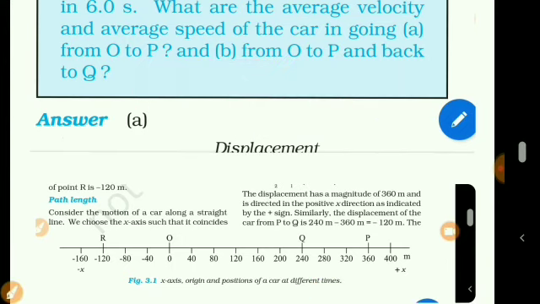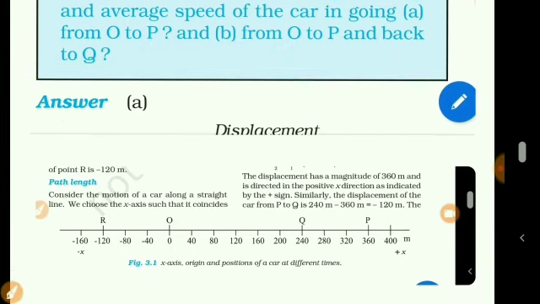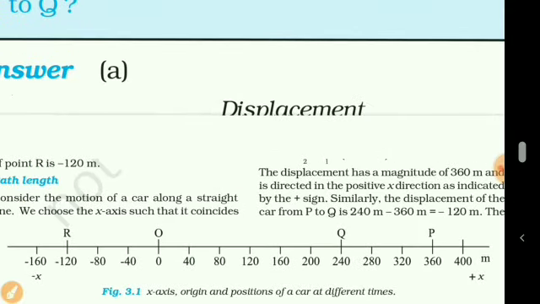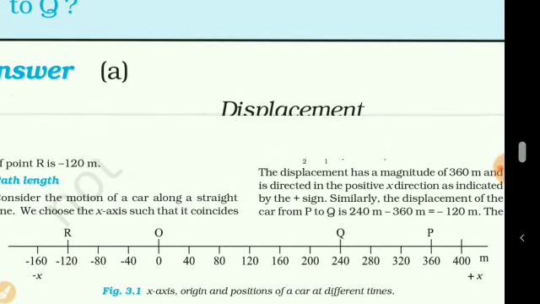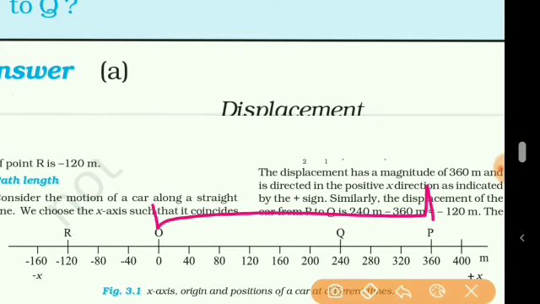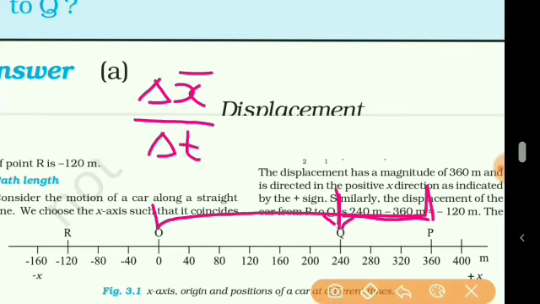So students, now look here in this figure, the particle is moving from O to P first and then from P to Q, that is this position. So for average velocity, what do we use? We use displacement upon time taken.